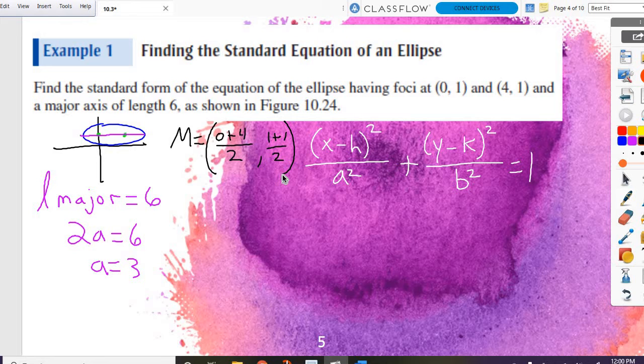So we would get 4 divided by 2 gives us 2, and 2 divided by 2 gives us 1. So that is our midpoint, which also happens to be our center, right? Because everything is symmetric, the middle of my two foci has to be my center. So what does that give me?